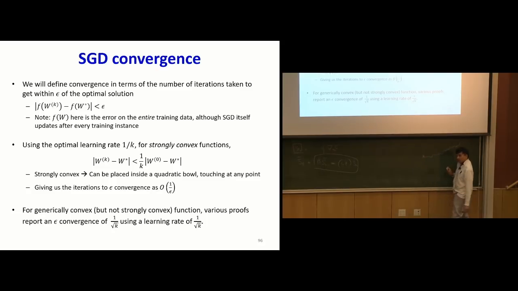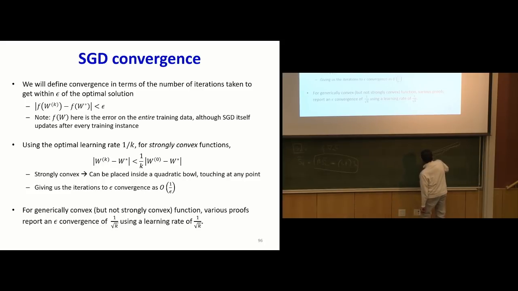So there are a couple of different ways of quantifying how far you are from the optimum. One is to ask, what is the distance of my current location from the optimum? If I look at two subsequent steps, the two distances are going to be different. And if you're doing a good job, then in the second step, the distance must be smaller than in the first step, right?